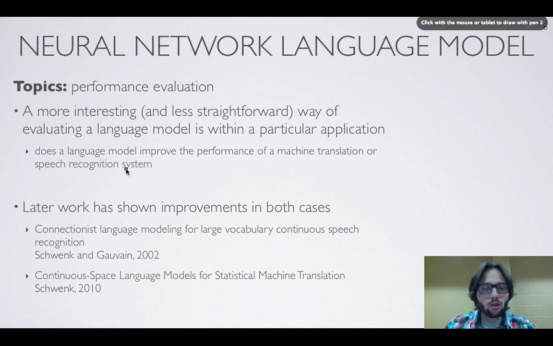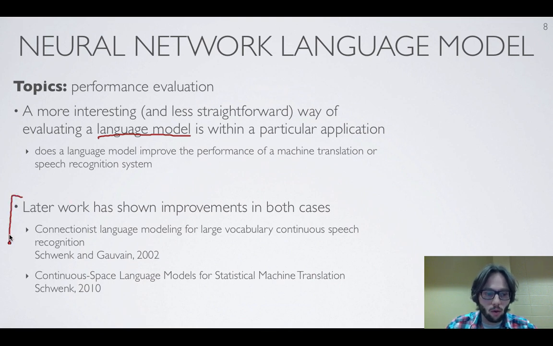Now, a more interesting but more difficult to do in practice and less straightforward way of evaluating a language model is to evaluate it in a particular application that uses a language model, such as a machine translation system or a speech recognition system.